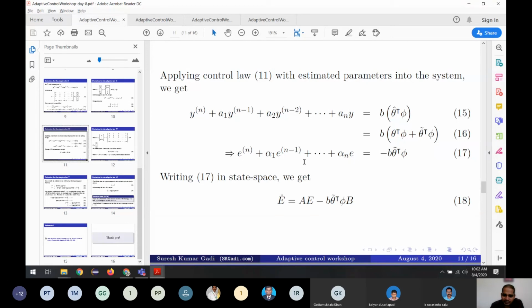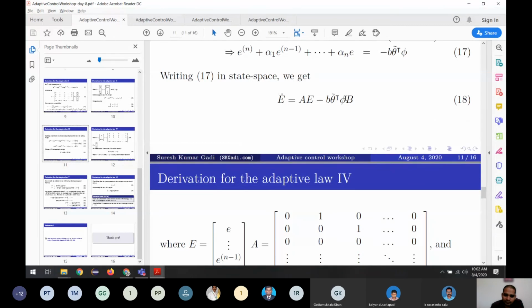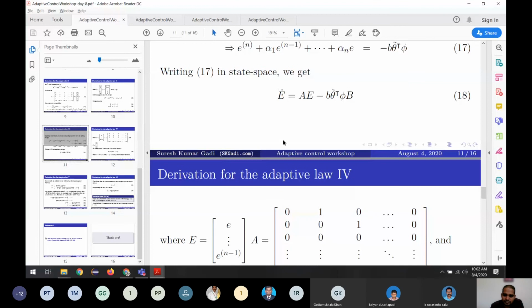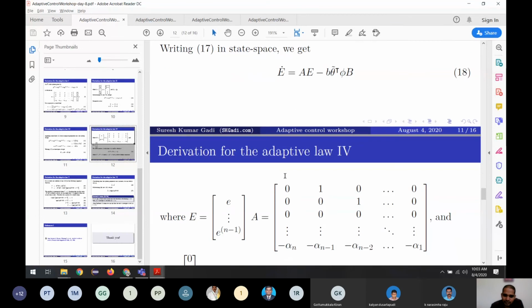Okay, so we can write this in the state space format. We already saw what the state space format is, so we have to write in that format: e dot is equal to A e minus this times B. This is the A. All the terms are going down with negative.